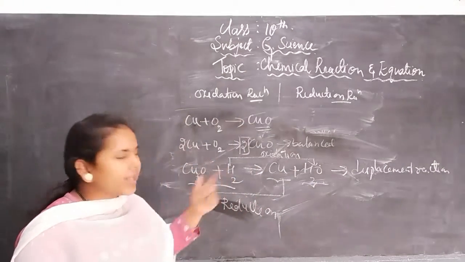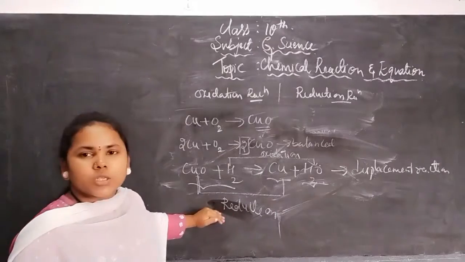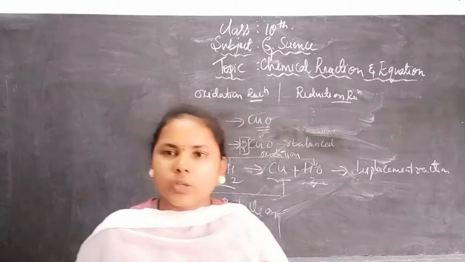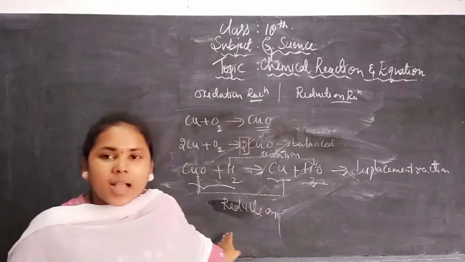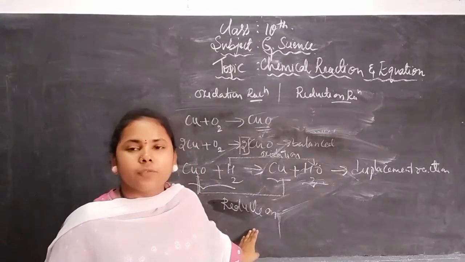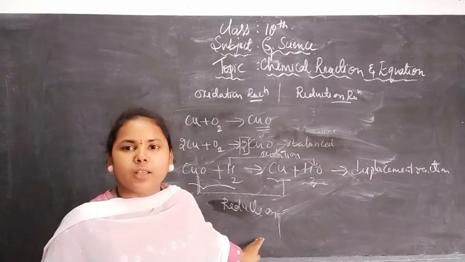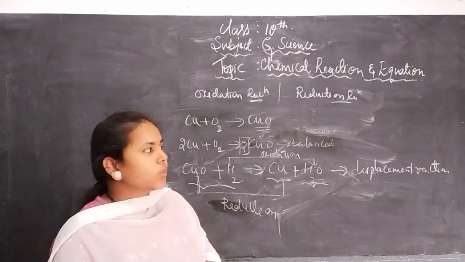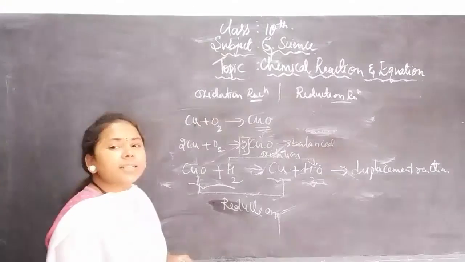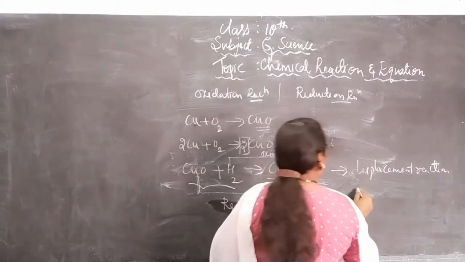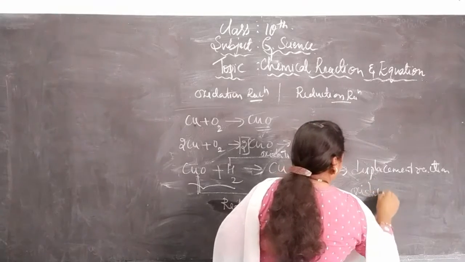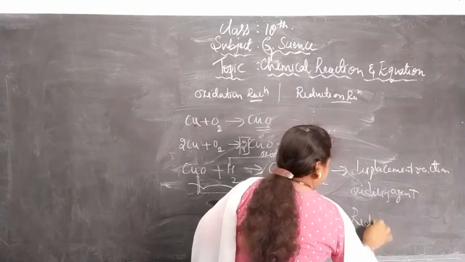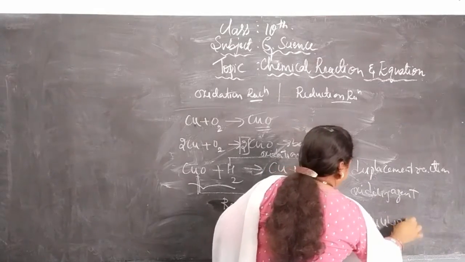Now you have to identify this. This is an important question we are going to be asked in the examinations. They will give you 2 or 3 equations and ask you to find out the reduction and oxidation in the following equations, and also identify the reducing agent and the oxidizing agent. Now one more question arises. What do you mean by oxidizing agent and reducing agent?